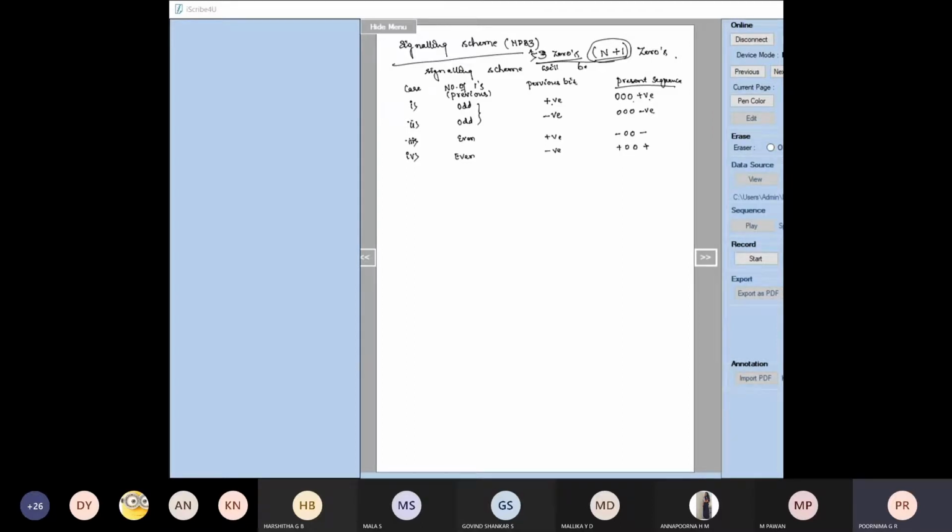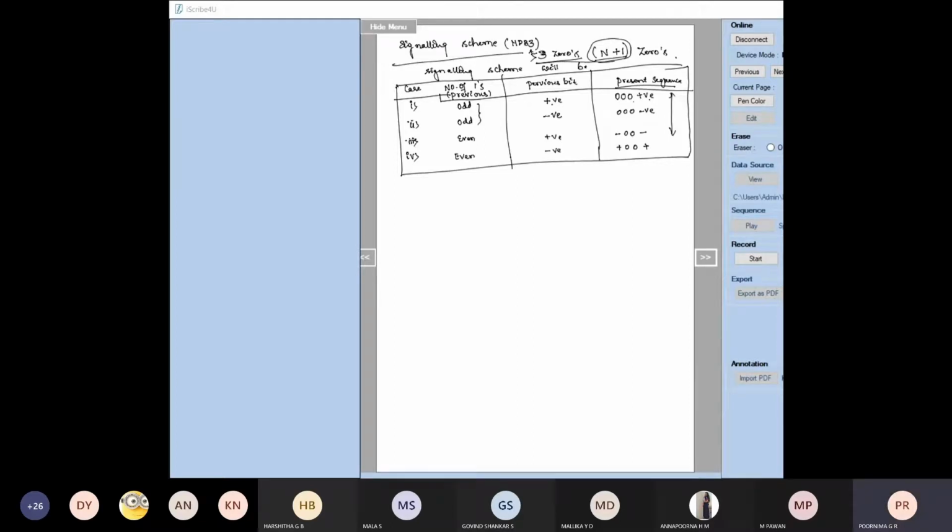In HDB3 coding, based on the number of bits previously, and whether the number of ones is odd or even, the sequence will get modified.